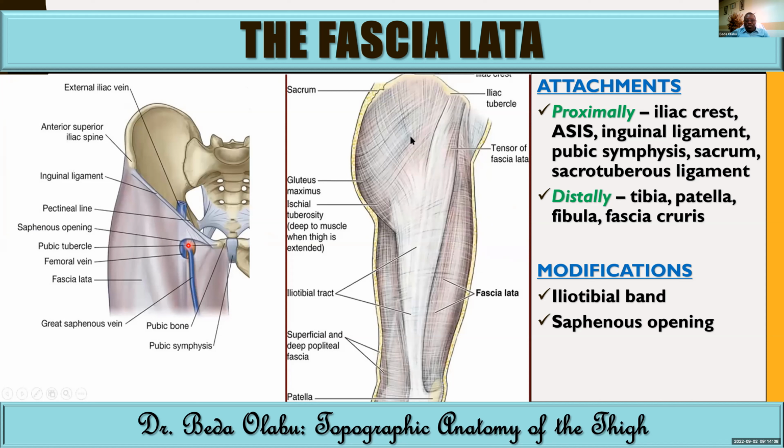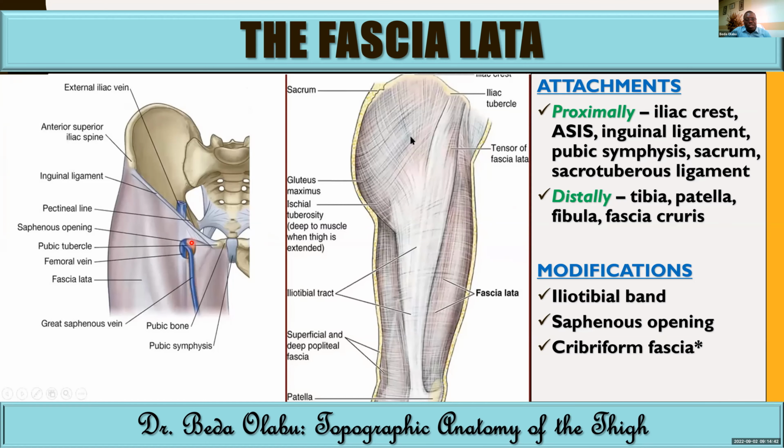Apart from that, we have what we call the cribriform fascia. Now, in principle, the cribriform fascia may not exactly be a modification of the fascia lata per se. Cribriform fascia is the superficial fascia that covers over the saphenous opening. Over the saphenous opening, this fascia is part of the superficial fascia of the thigh.